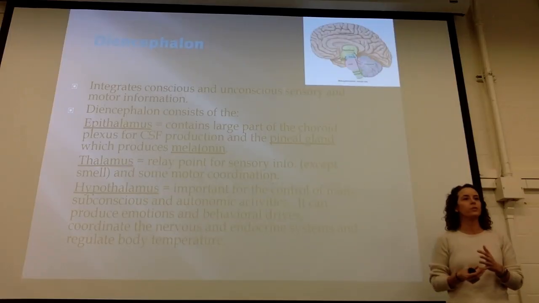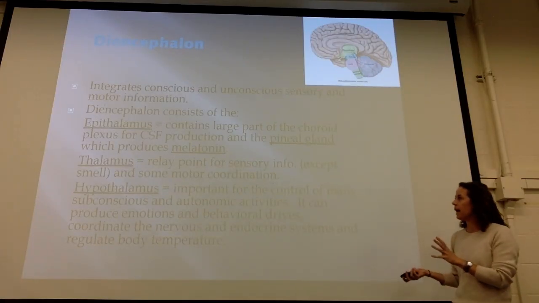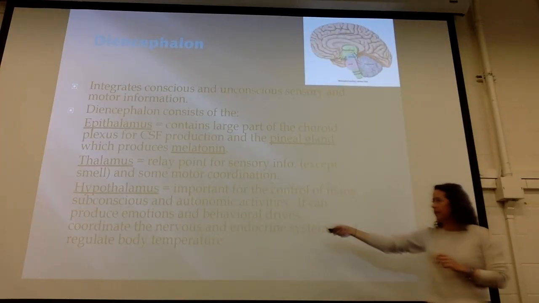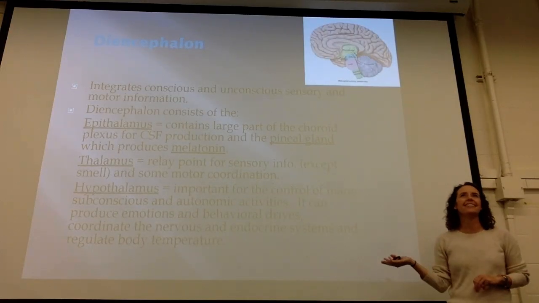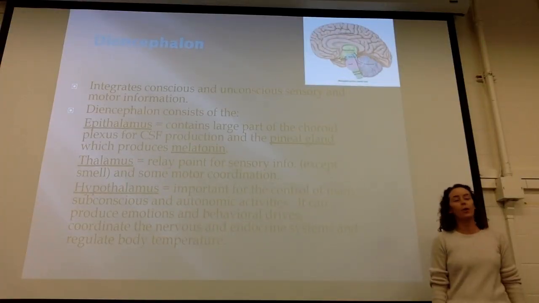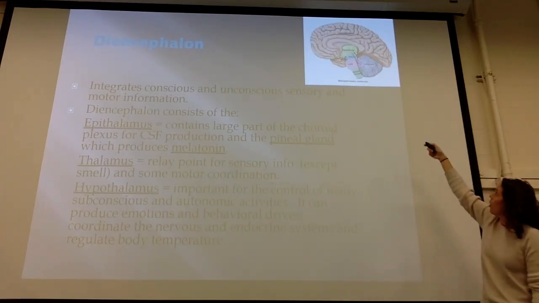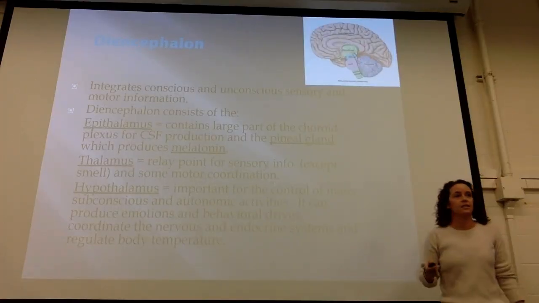It also helps release a lot of hormones. Busy hypothalamus. It also can produce emotion and behavioral drives. Super interesting. And the neatest thing about the hypothalamus is we don't know when it's working; it does its own thing. And that's pretty much what we see for all of these midsection areas of the brain.